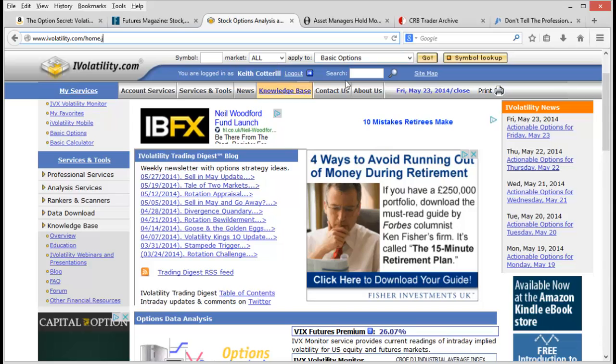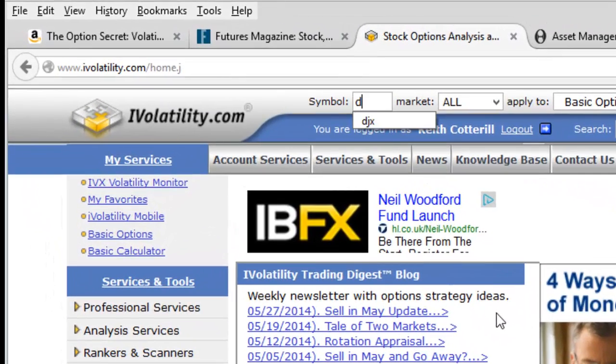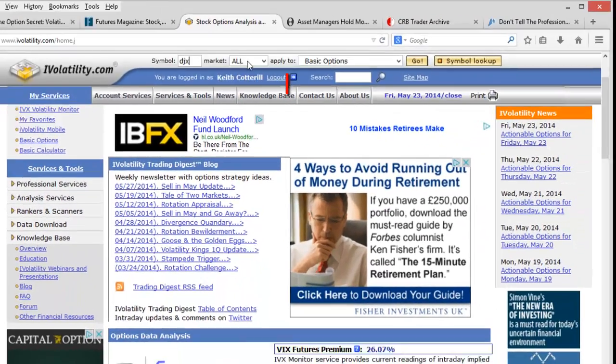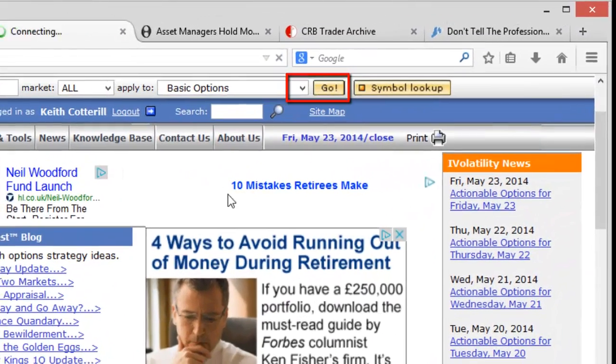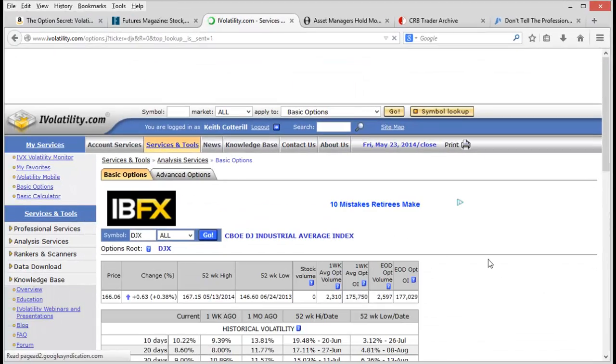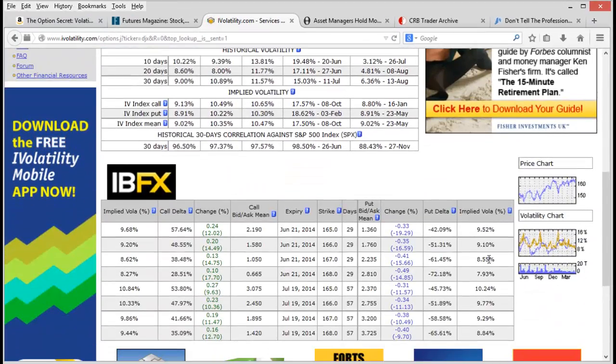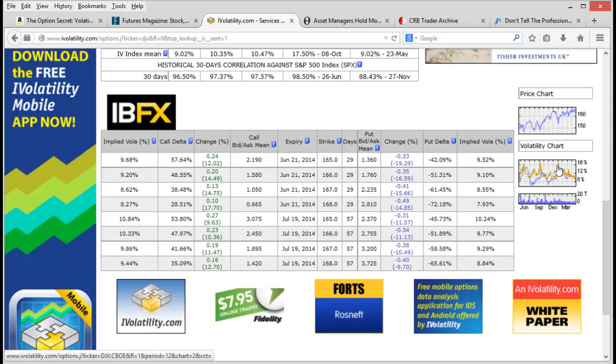And once you've registered, you can just log in as you would any other site. And the symbol you want for the Dow Jones is, believe it or not, DJX. And then you just highlight it, click on go, and this will bring up the Dow volatility table and the charts on the right hand side.